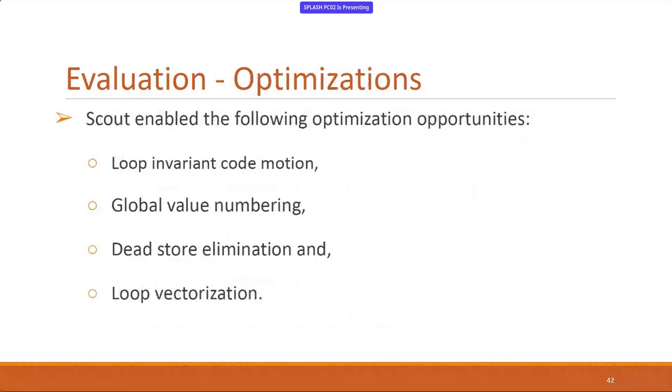Scout enabled the following optimization opportunities: loop invariant code motion, global value numbering, dead store elimination, and loop vectorization. Our results further indicate that many loops can potentially be vectorized with the additional information provided, and these loops were not vectorizable earlier.